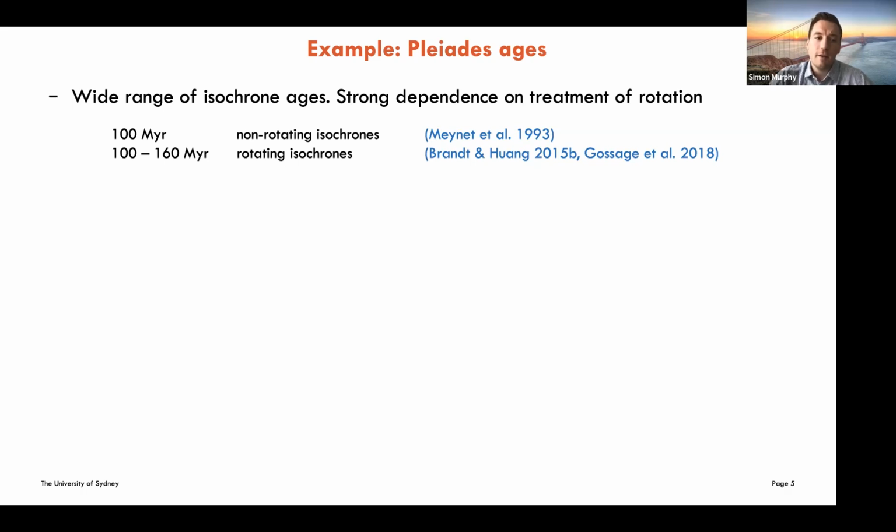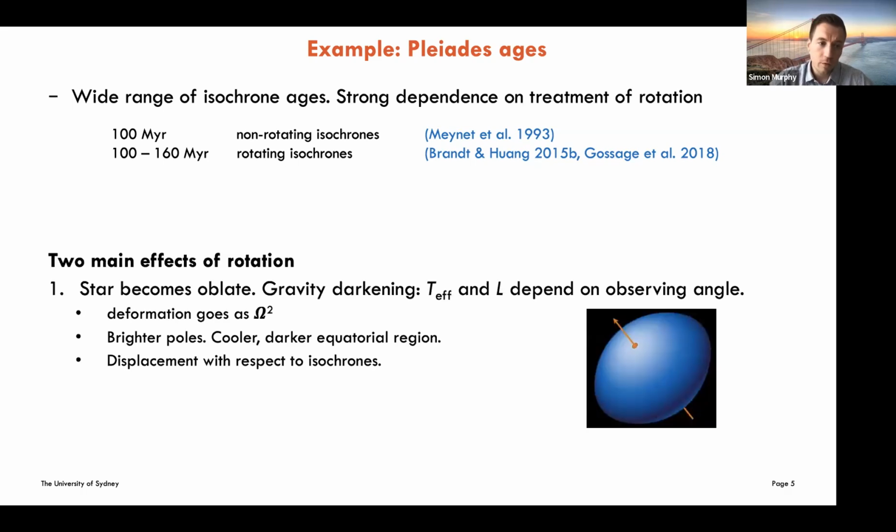Now, there are two main effects of rotation. One of them is that the star becomes oblate. So you get gravity darkening, the temperature and the luminosity depend on the observing angle. So if you're observing the star from a pole-on angle, you'll see it being a bit brighter, so a higher luminosity. And if you observe from the equator, the star will appear a bit cooler. This deformation goes as omega squared.